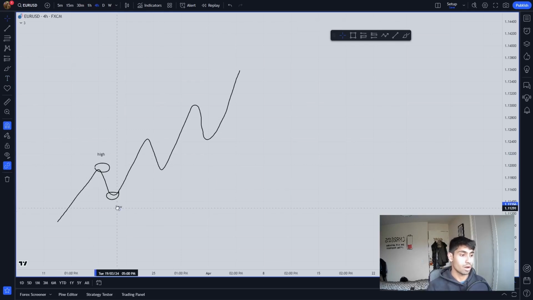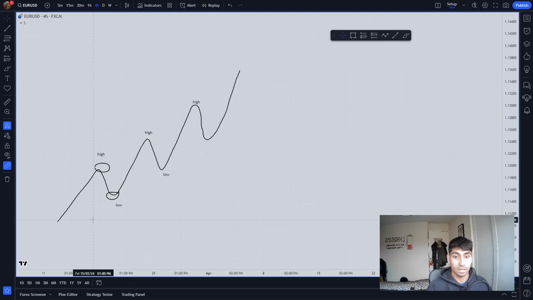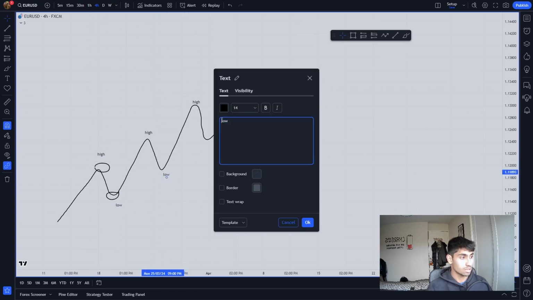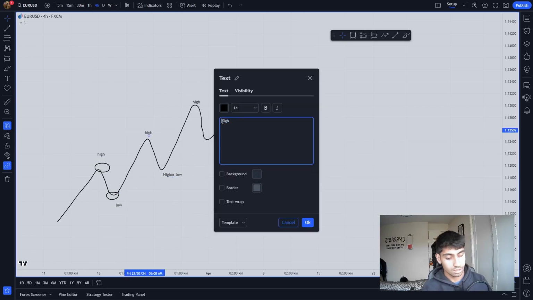So we have a high and a market low. Essentially, that is the market, identified using highs and lows. Now, this low is a higher low, and this is a higher high.